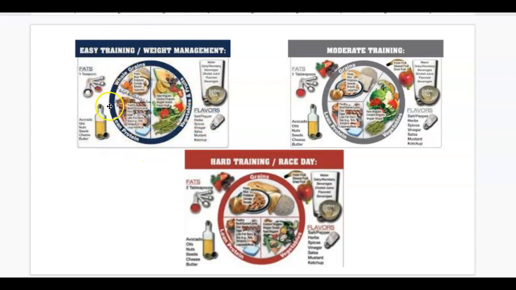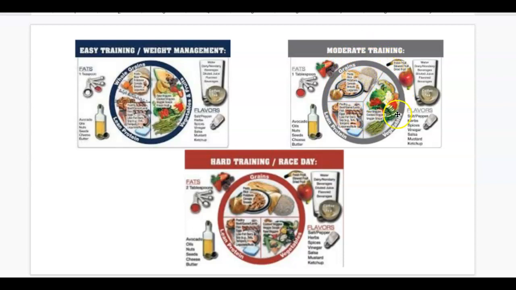So this would show easy training or weight management. Half of the plate is fruits and vegetables, a little bit more than a fourth is lean protein, and a good significant portion is whole grains. Then for moderate training, the intensity is increasing a little bit.